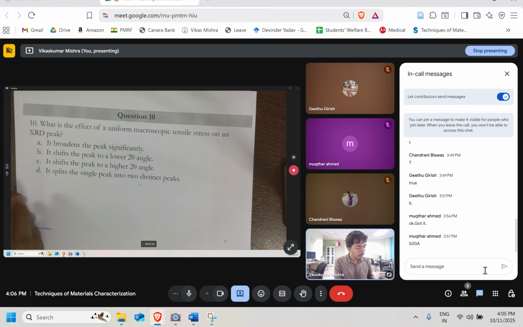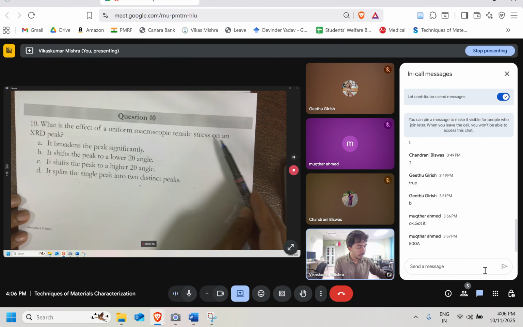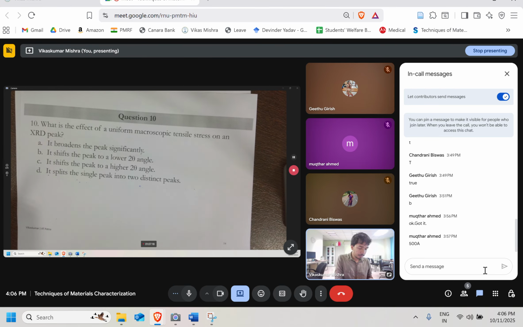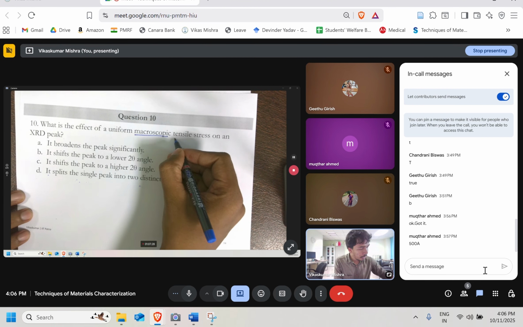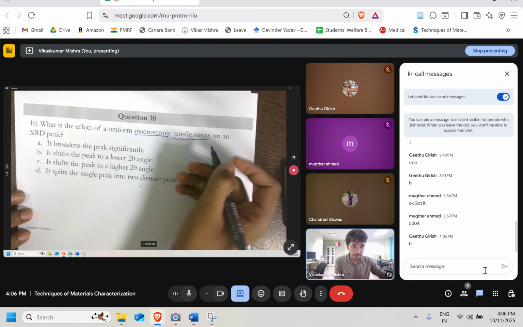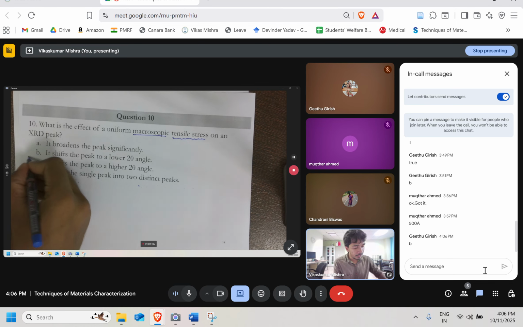Question number 10. What is the effect of a uniform macroscopic tensile stress on the XRD peak? It is specified here that it is macroscopic tensile stress. Very good, Gitu has written the answer. Option B is the right answer.